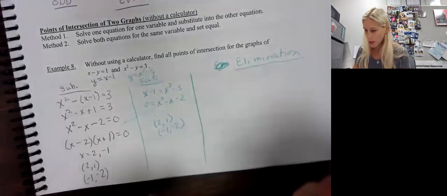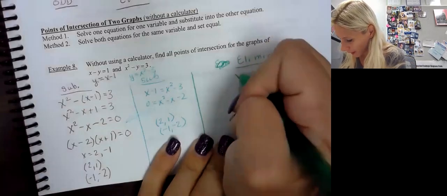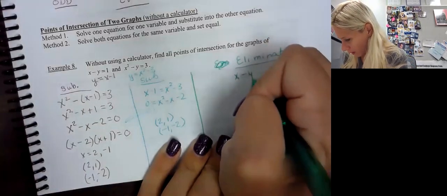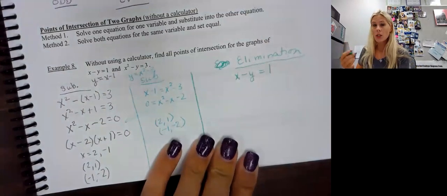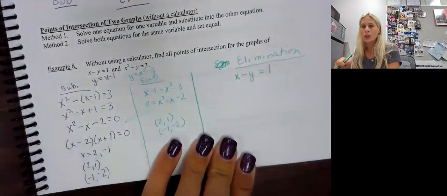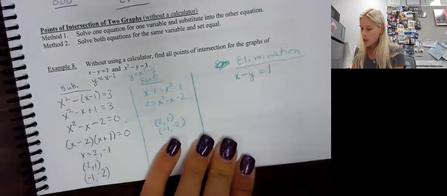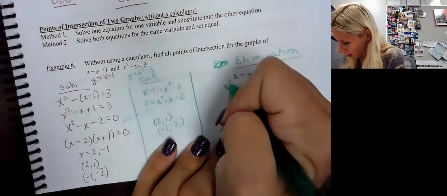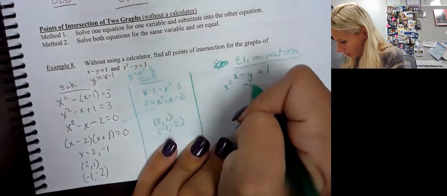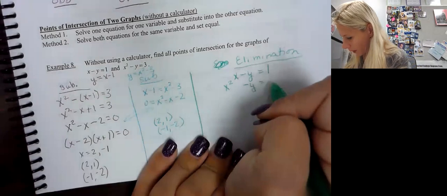So what we're gonna do first is put x minus y equals 1. Then what I'm gonna do is when I put the second equation under it, I'm gonna make sure I line up things, okay? So I get x squared minus y equals 3.